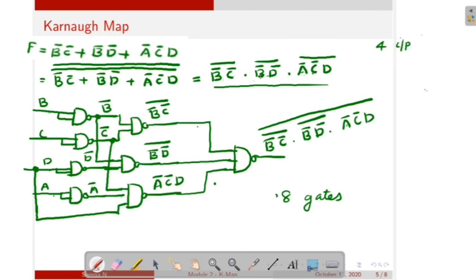Then here 1 NAND, 1 NAND, 1 NAND: 2 input, 2 input, 3 input. So 2 plus 2, 4 plus 3, 7 inputs. Then finally a NAND gate with 3 inputs. So there are 14 inputs for this NAND implementation.